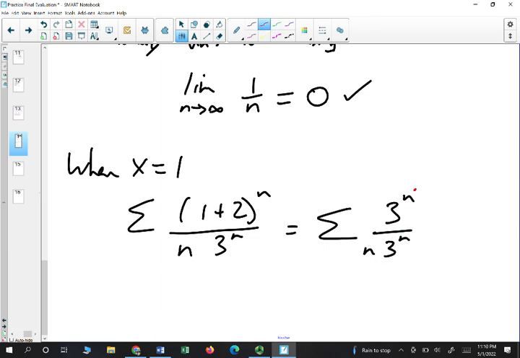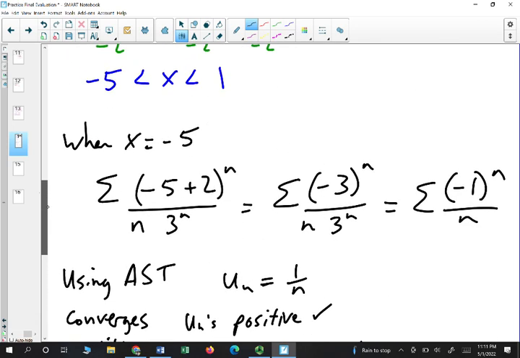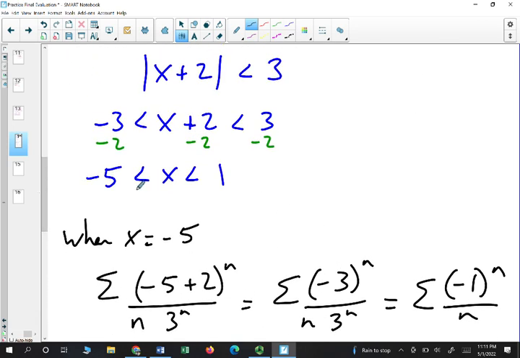Cancel the 3 to the n's, so we get a summation of 1 over n. Okay, so we know this series diverges. This is a harmonic series, a p series when p is 1. So therefore we know that this one we could include because it converges there. This one we don't include.